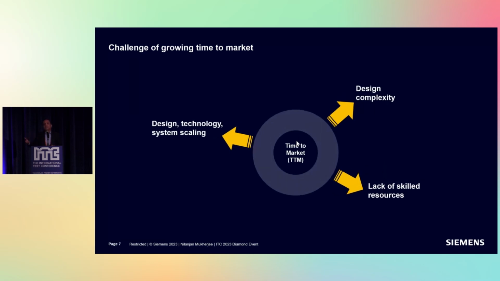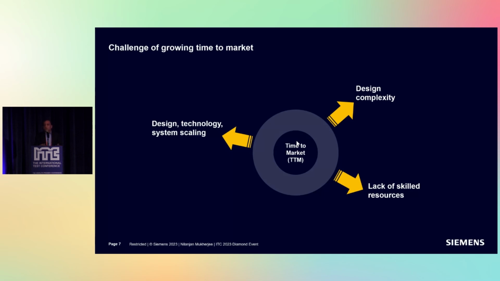Similarly, how do we partition the designs so that they can fit into multiple dies, to go into 2.5D or 3D IC packages? That is also putting pressure on the time to market. And then, as I already mentioned, the lack of skilled resources is exacerbating this entire pressure on the time to market.